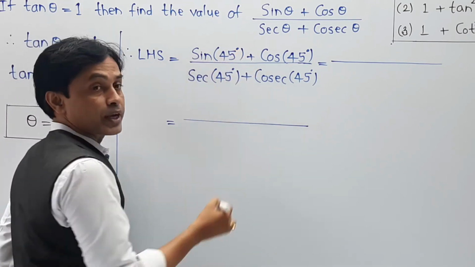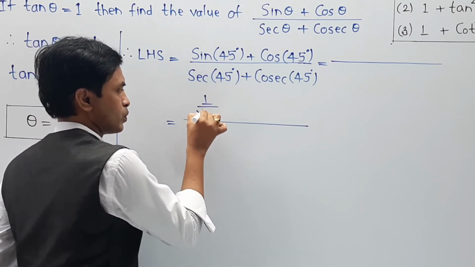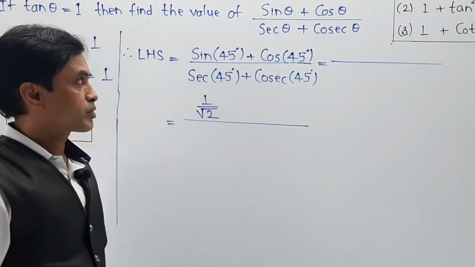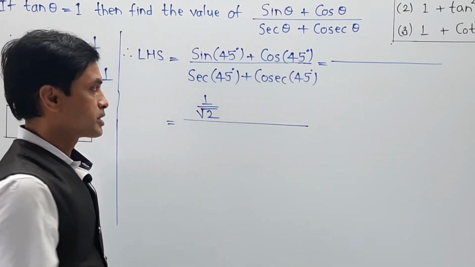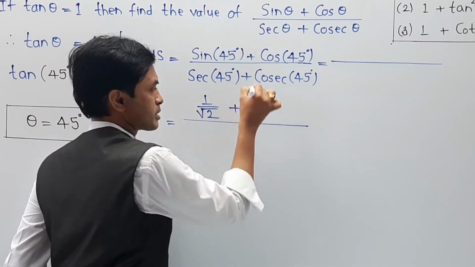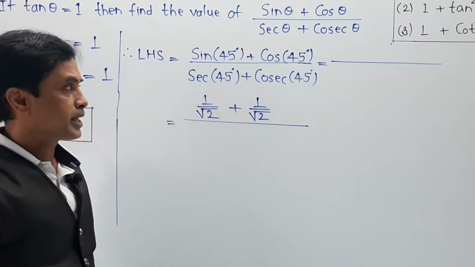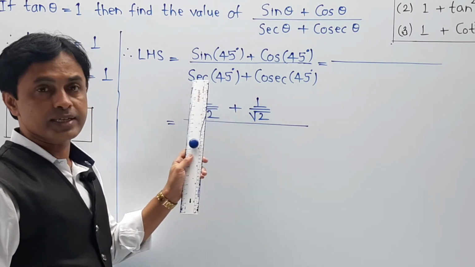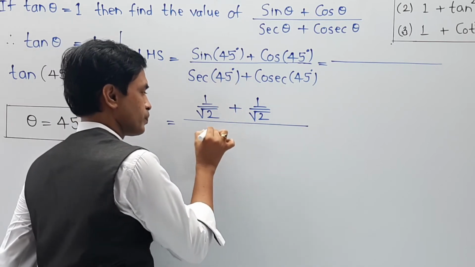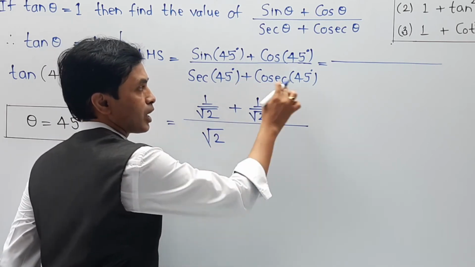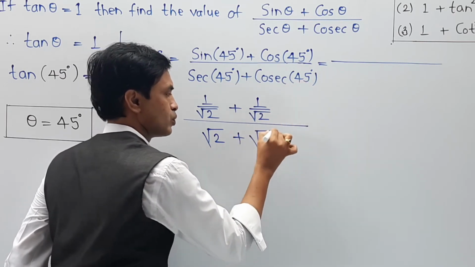The value of sin 45 from your table is 1 upon root 2. Next, plus cos 45 degree, which is also 1 upon root 2. Next, sec 45 degree is root 2, and plus cosec 45 degree is also root 2.